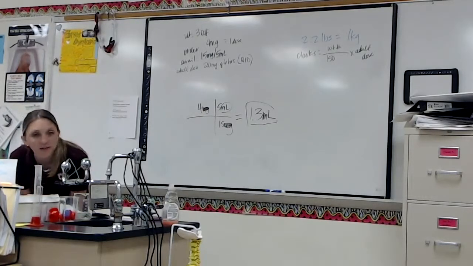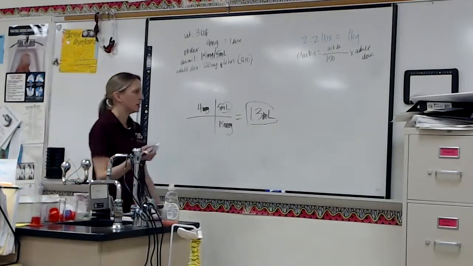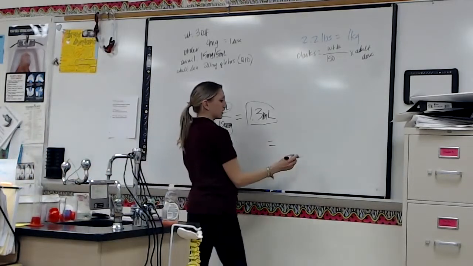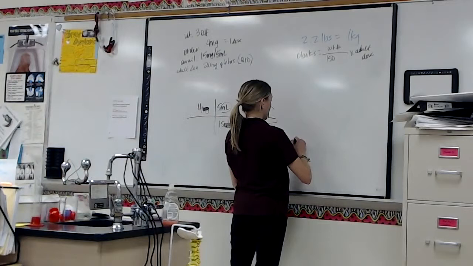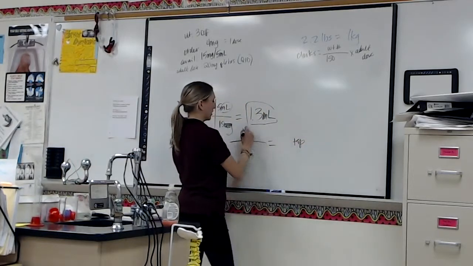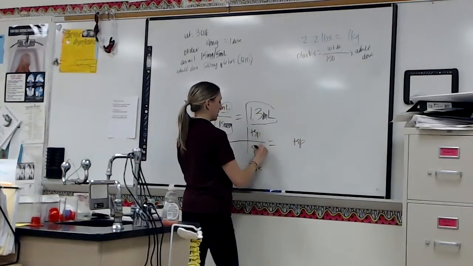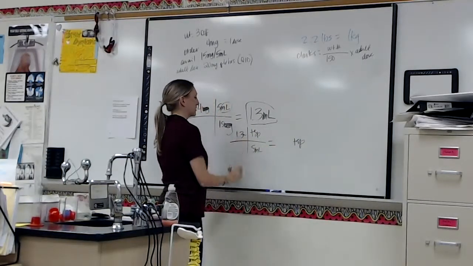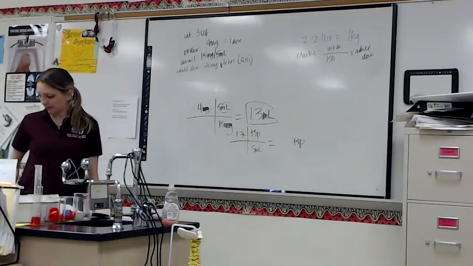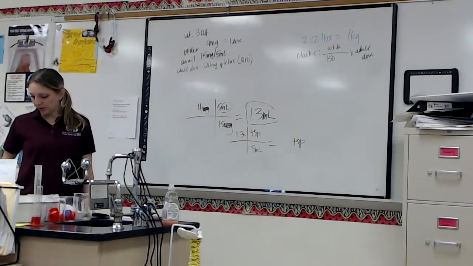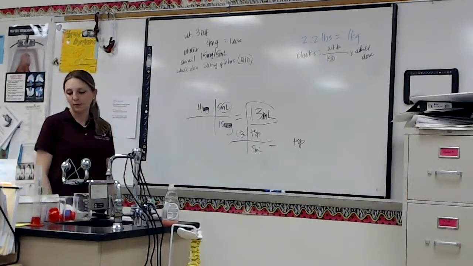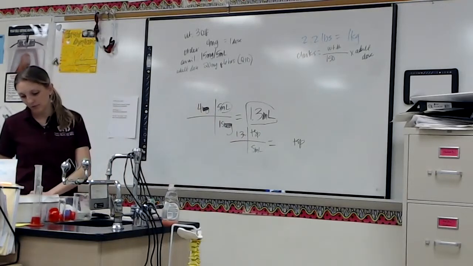If you needed to figure it out by dimensional analysis, you would put teaspoons over here. You know that in every teaspoon you have 5 milliliters, and multiply that by your 1.3. So 1.3 divided by 5 is 0.26. So yeah, it'd be 1/4 of a teaspoon.